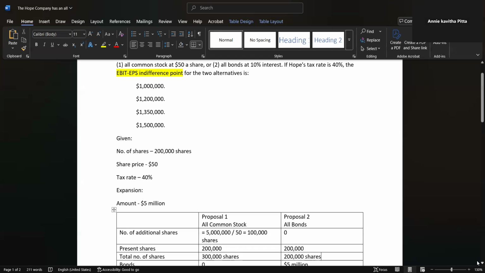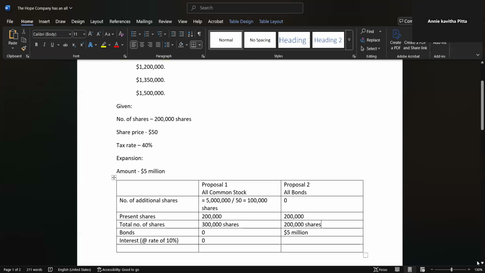So the total number of shares would be 200,000. If the second proposal is followed, in place of additional shares, they would be issuing additional bonds. So the total bond capital collected will be 5 million.